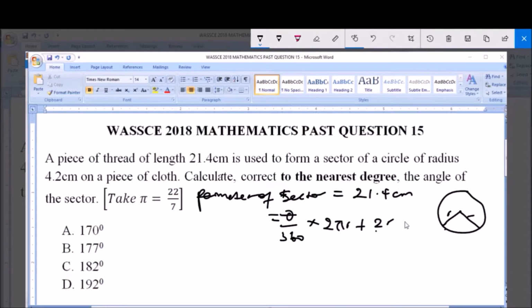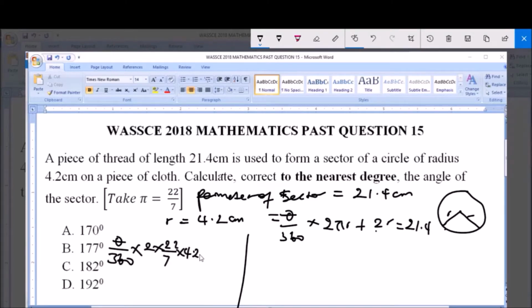So from this we can now say this is equal to 21.4 centimeter, and we're given that the radius is equal to 4.2 cm. So with this, we can find the angle of this sector, which is theta. So we have that theta all over 360 multiplied by 2 times 22 all over 7 multiplied by 4.2 plus 2 times 4.2 is equal to 21.4.